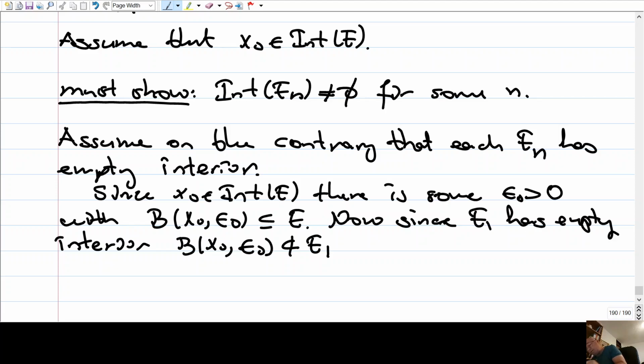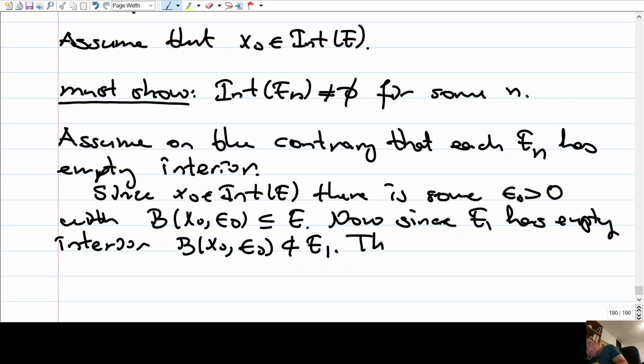So, since this ball cannot lie inside E1, there is a point in this ball which doesn't lie inside E1.